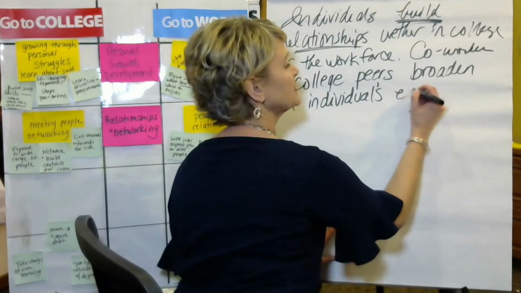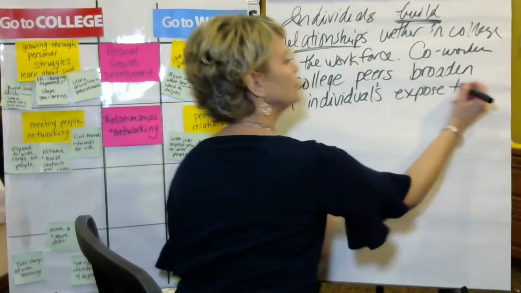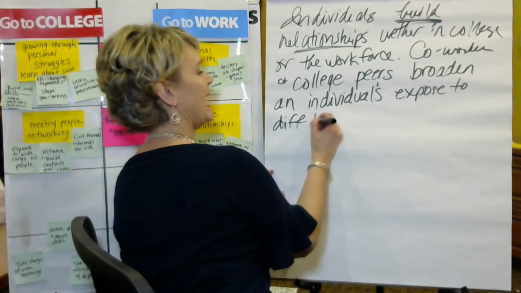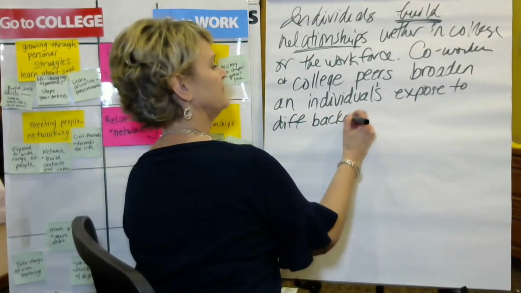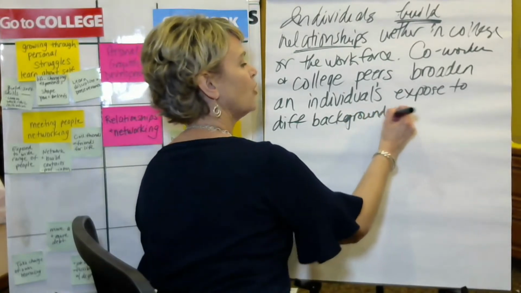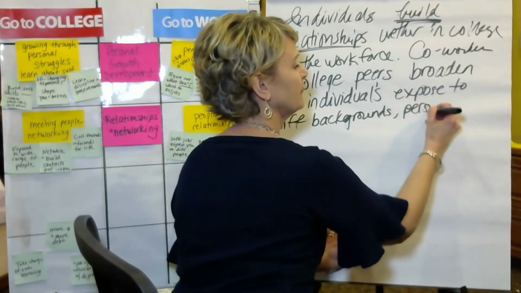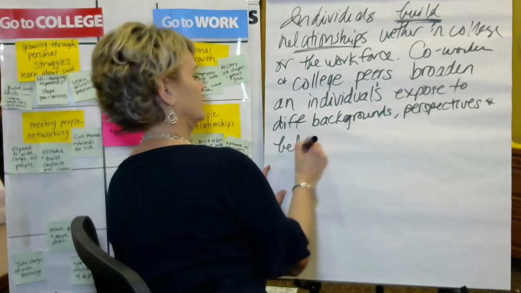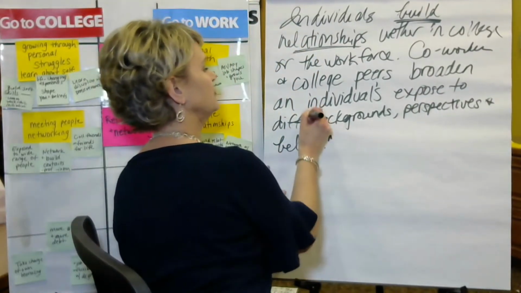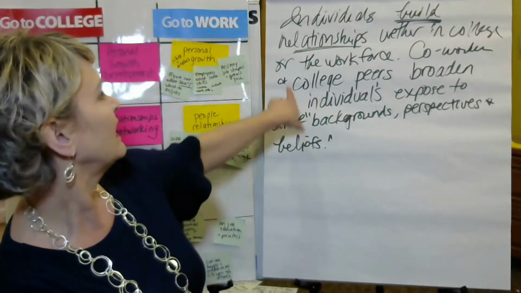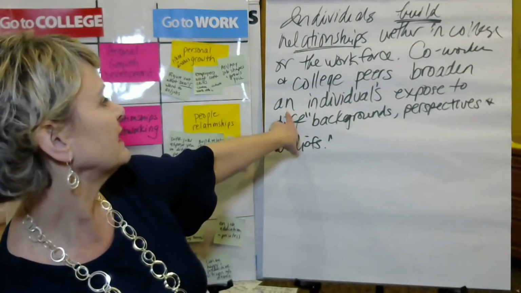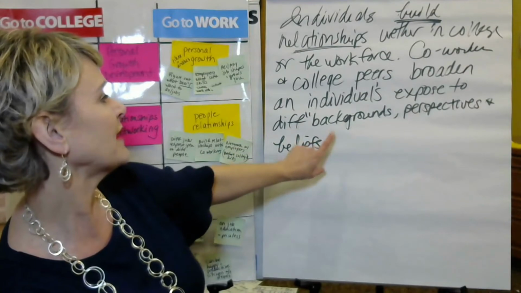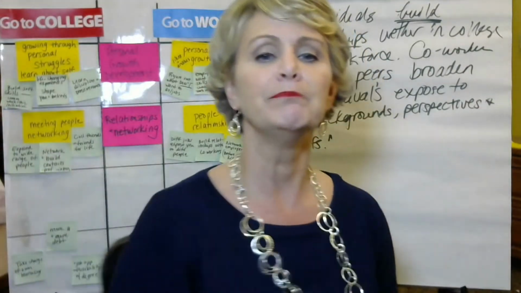Broaden individuals' exposure to different, I think it even said, backgrounds, perspectives, and beliefs. And again, I could quote that if I'm pulling those details right from the text. Okay, so we want to use quotes when we can. Coworkers and college peers broaden an individual's exposure to different backgrounds, perspectives, and beliefs.